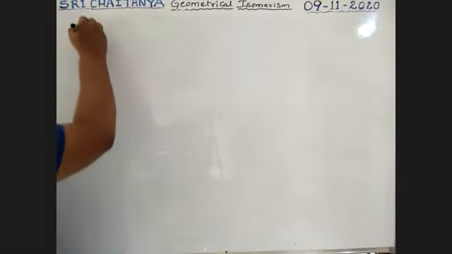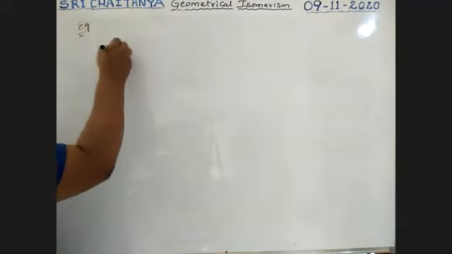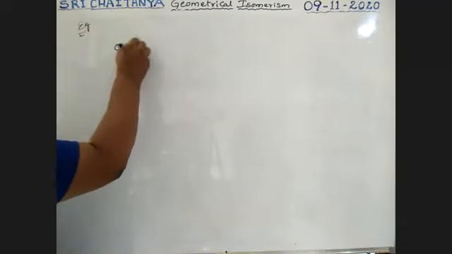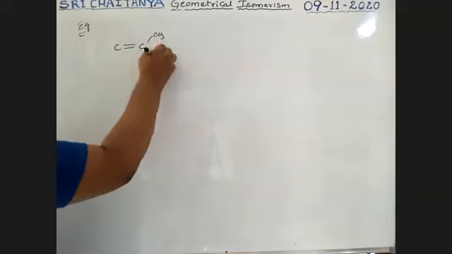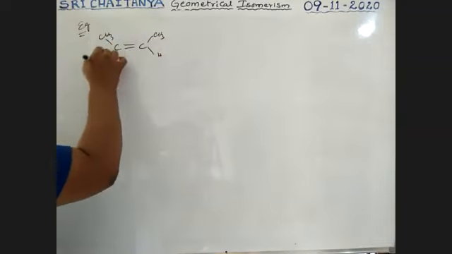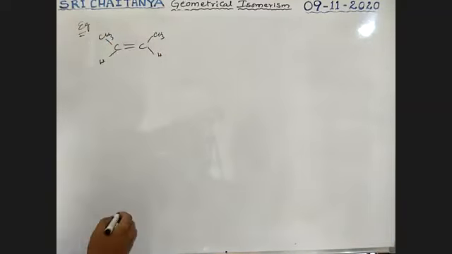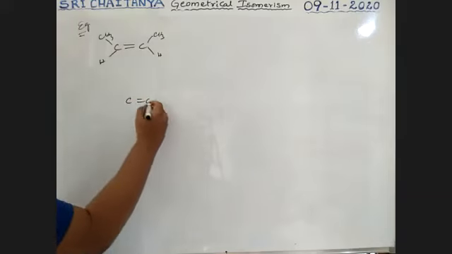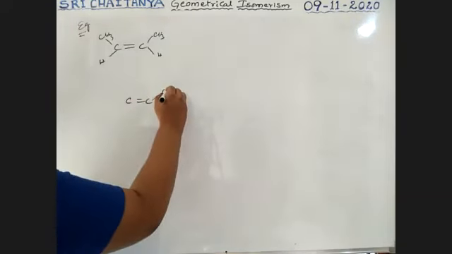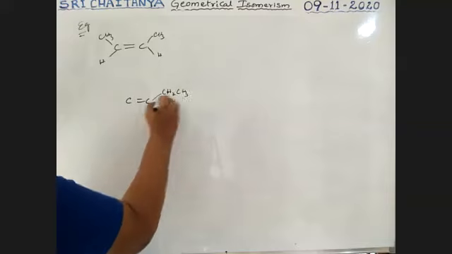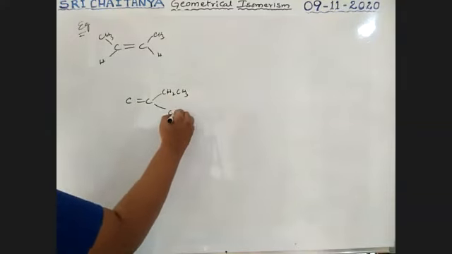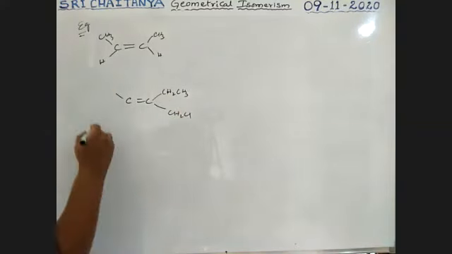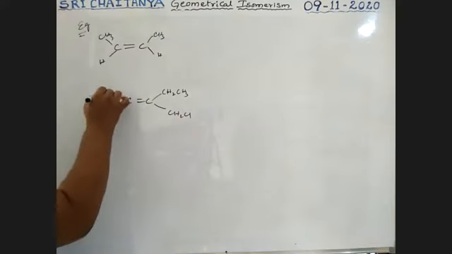See here, boys. Examples. C double bond C, CH3, H, CH3, H. Next, C double bond C, CH2CH3. It is CH2Cl. It is bonded with CH3.